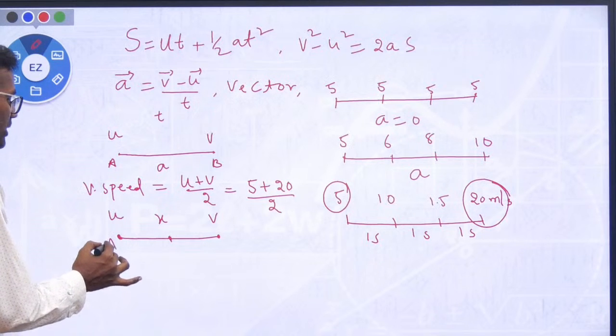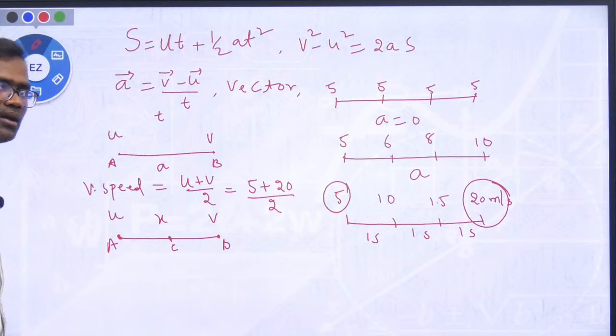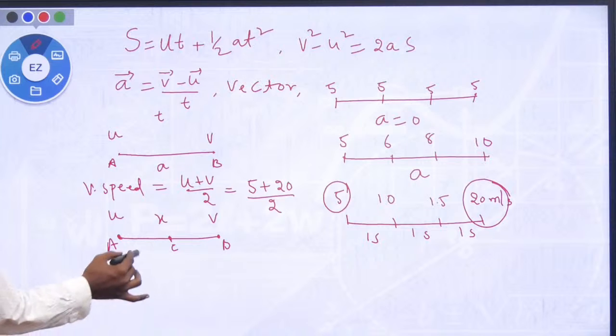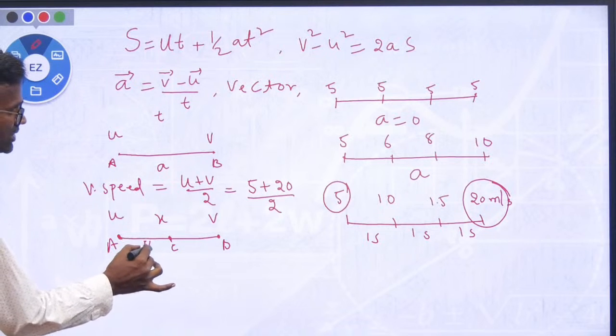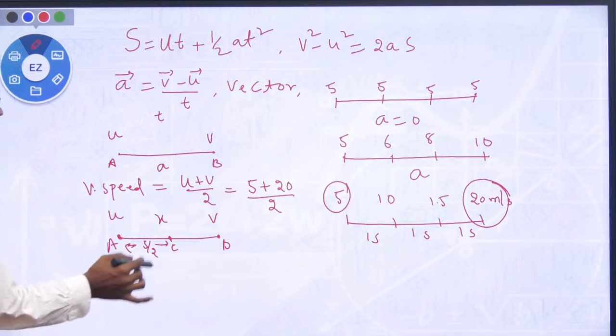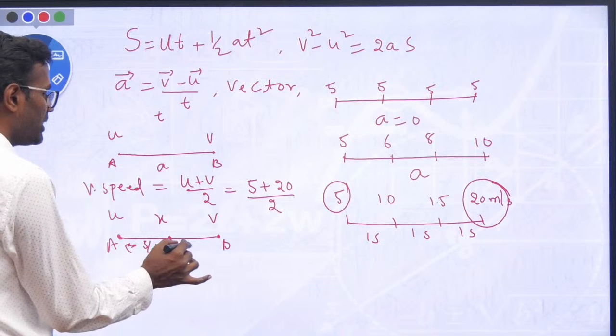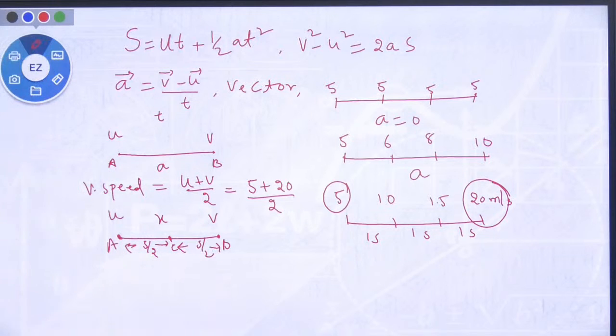This is the starting point A, the ending point is B, and some intermediate point is C. The total distance is s, so from A to C is half the distance, s by 2, and from C to B is another s by 2. Now calculate the x value.